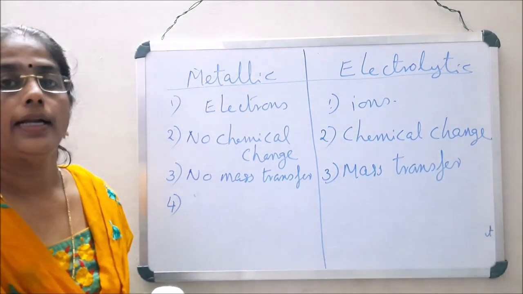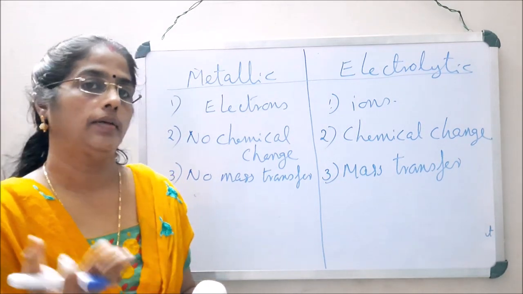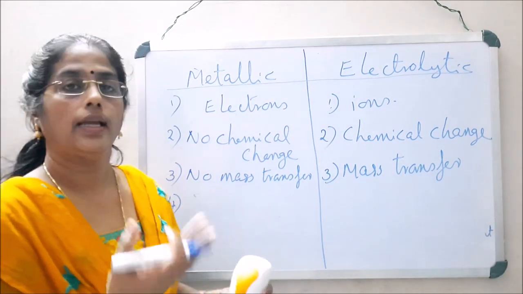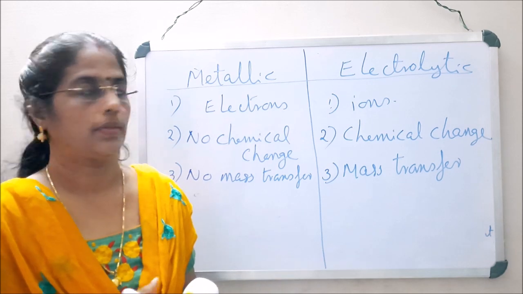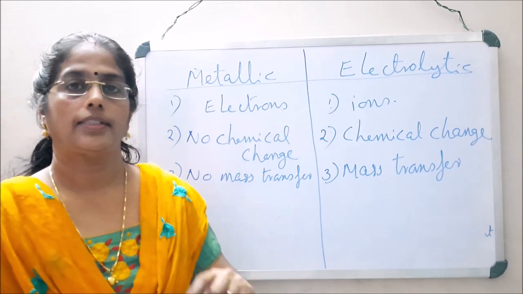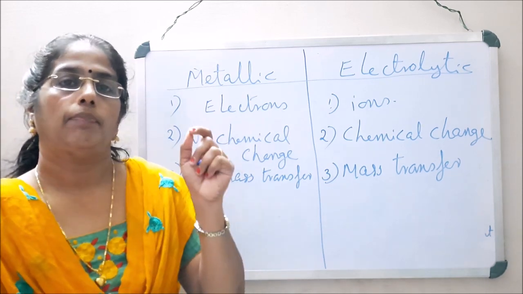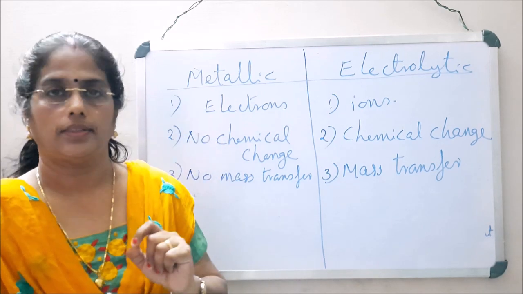Fourth point, temperature influences the metallic conductors and electrolytic conductors in a different way. In the case of metals, as temperature increases, the metallic conductance decreases.